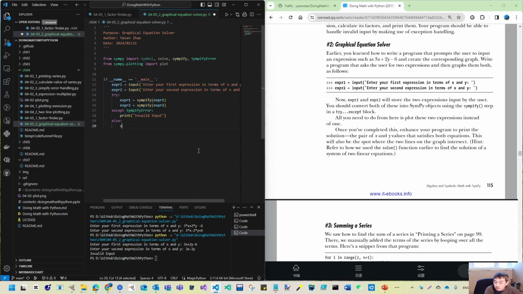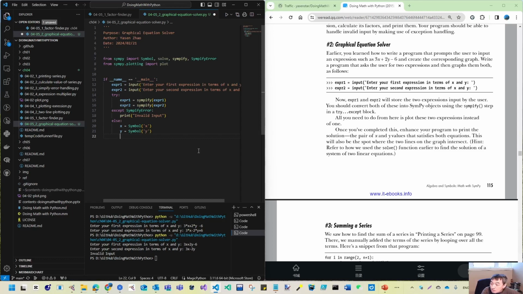In the else, we should define x and y. You can use symbols, or you can define line by line with symbol. Now we could check whether the expression has only two variables, but we will leave that for later.